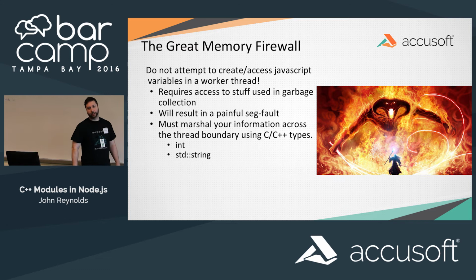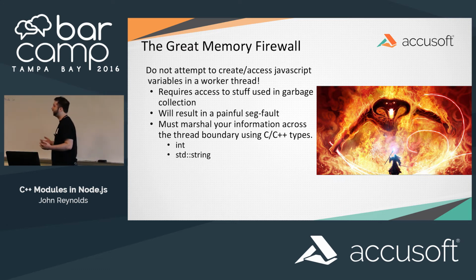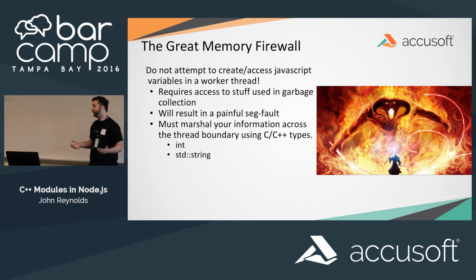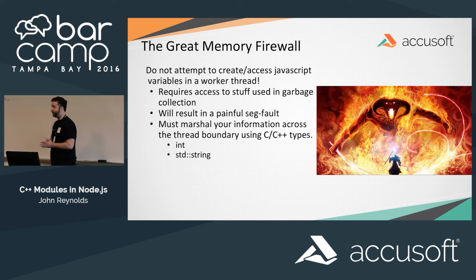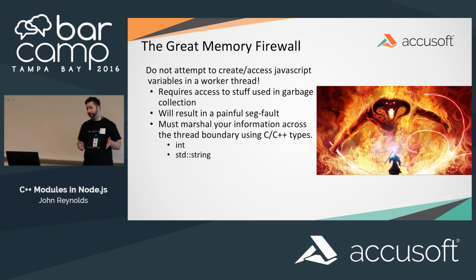FYI, don't do it. So the question becomes, if we have our data that's written in Node.js and JavaScript, how do we actually do any meaningful calculations on it? And the answer is that you have to marshal it across the boundary. So that means you're going to have to take your JavaScript variables, turn them into native types, right?